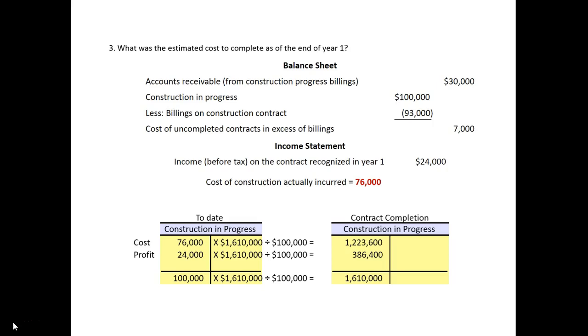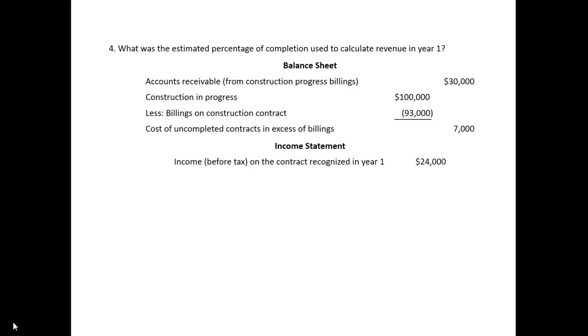But throughout the contract completion we anticipate our costs, including our profit, to be 1,610,000. So the 1,223,600 minus the 76,000 in cost to date gives us a remaining $1,147,600 in costs still to happen.